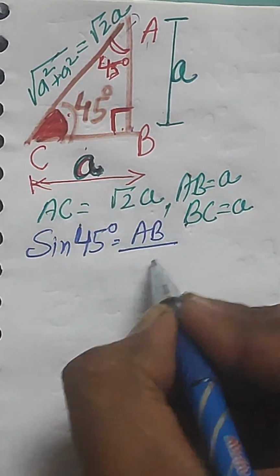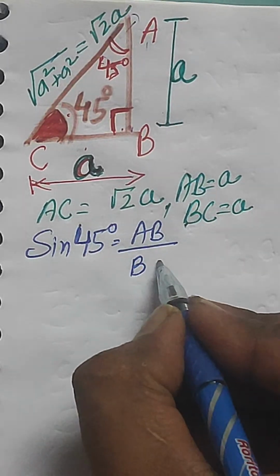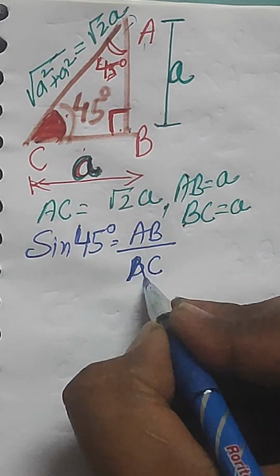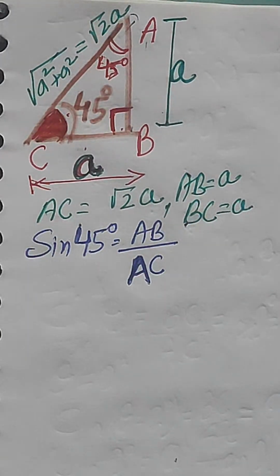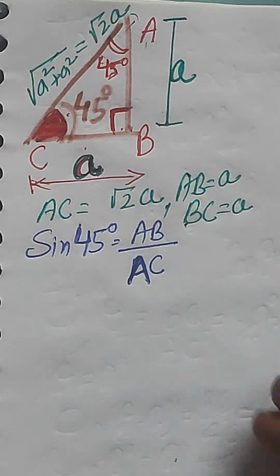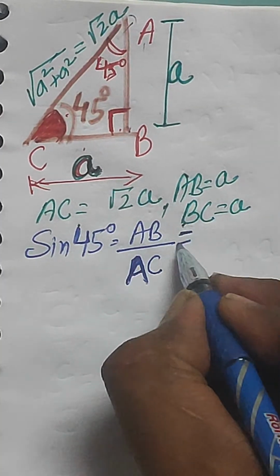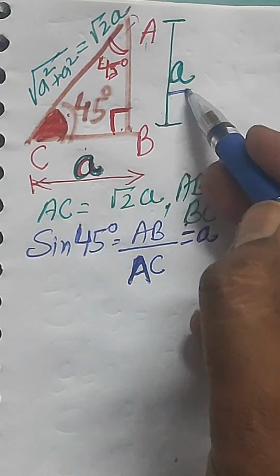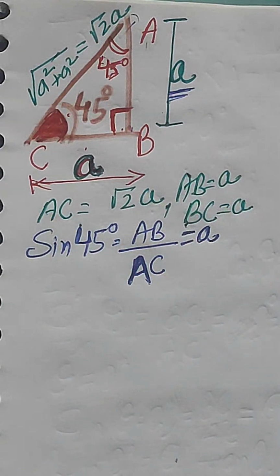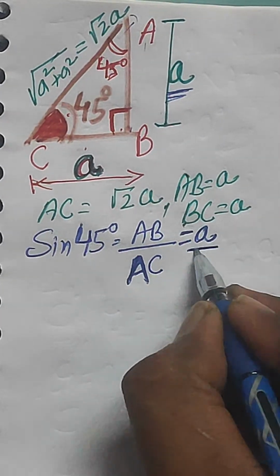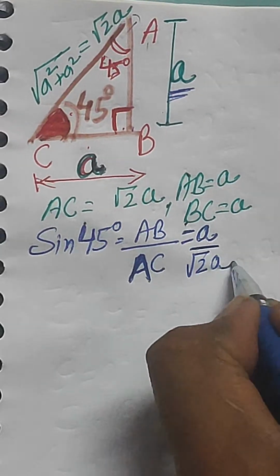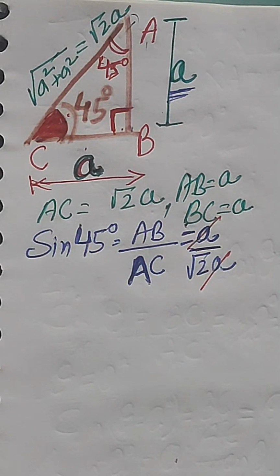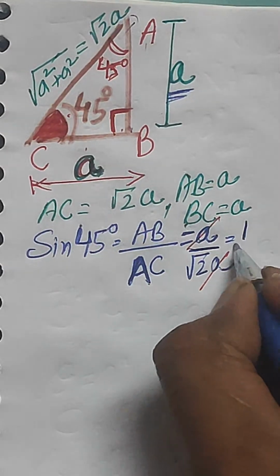The ratio of AB divided by AC in the denominator, because AC is the hypotenuse, right? That will give you the value of sine 45. And since AB is A, divided by AC, which is root 2A, right? You can see A and A will be cancelled out and we are left with 1 by root 2.